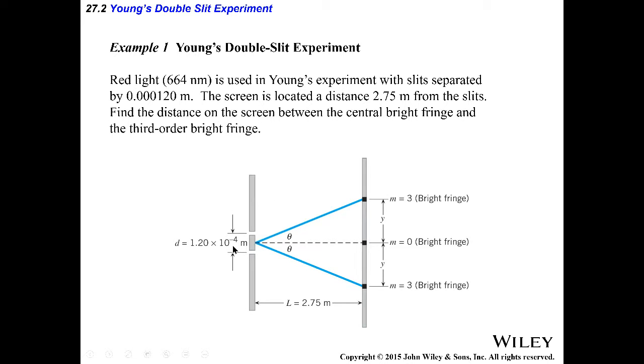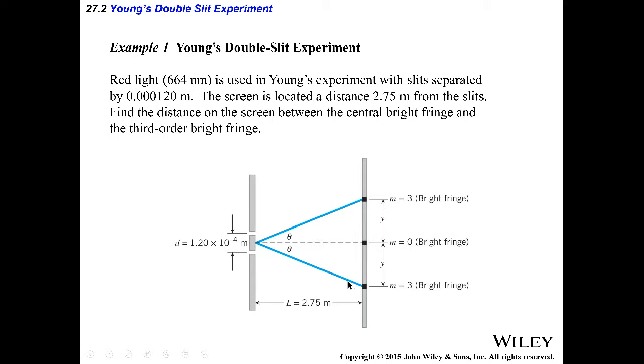So this is then the d, 1.2 times 10 to the minus 4 meters, and the distance is 2.75 meters. And they want to now know what is the distance on the screen between 0, which is the image of the slit itself, and m equal to 3.